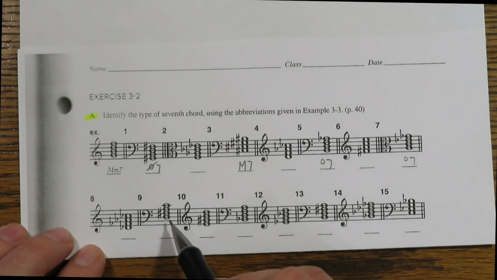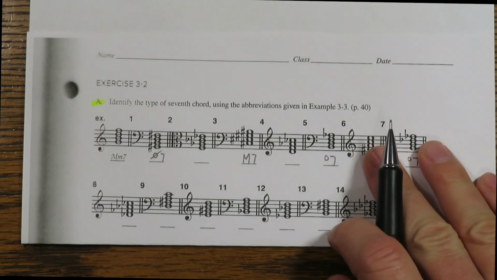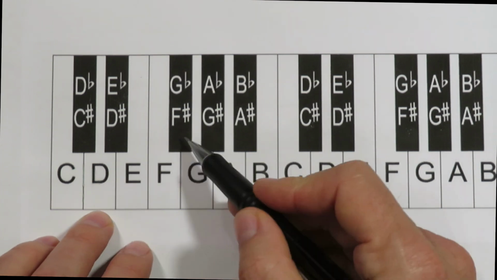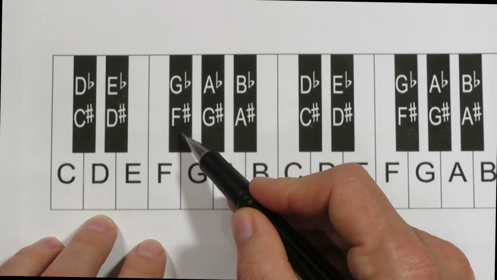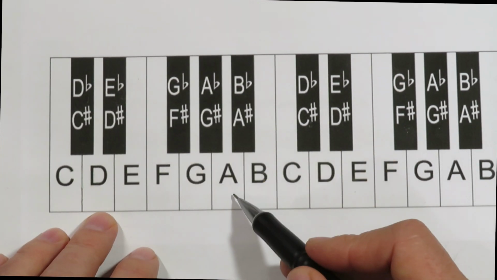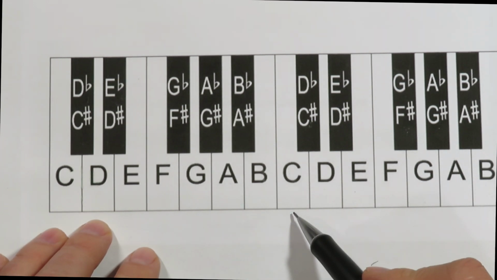Number 9. So we have D, F sharp, A, C. Okay, so D to F sharp is a major third. All right, 1, 2 whole steps. D, F sharp, A is a major triad. Okay, now D to C. What kind of 7th is that?